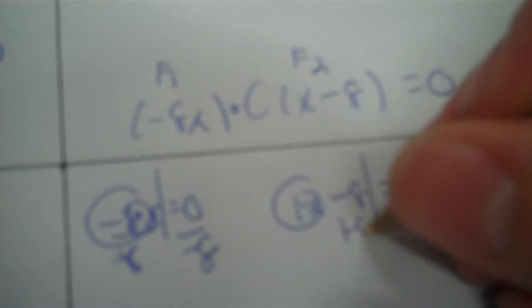So you got times negative 8, so you divide by negative 8 here, and that would be 0. Over here you got times 1 minus 8, so you plus 8, 0 plus 8 is 8, then divide by 1 would still be 8. Okay, x would equal 8. 0 and 8 are the two possible answers.